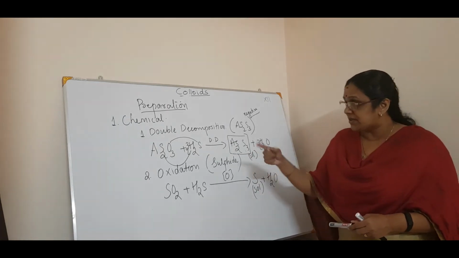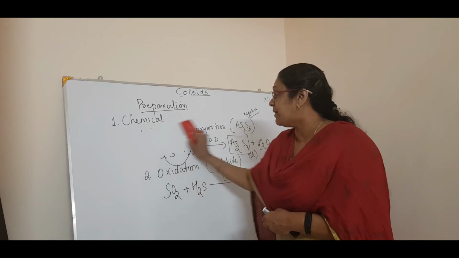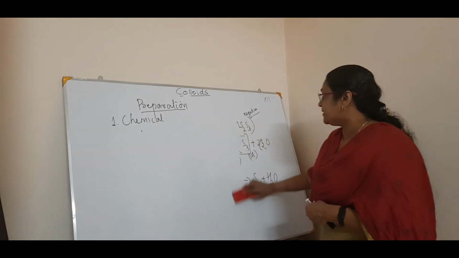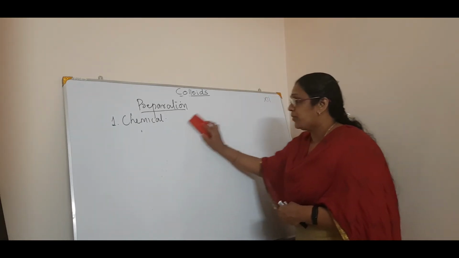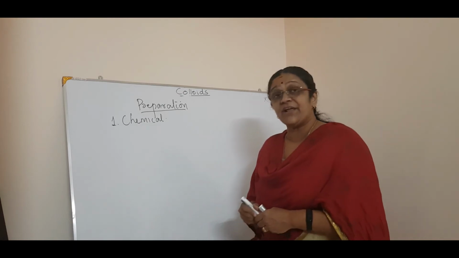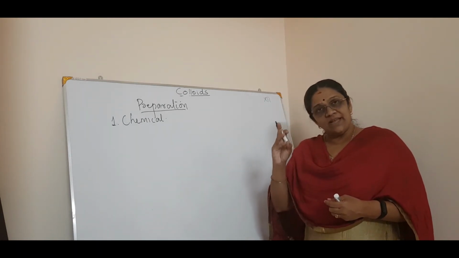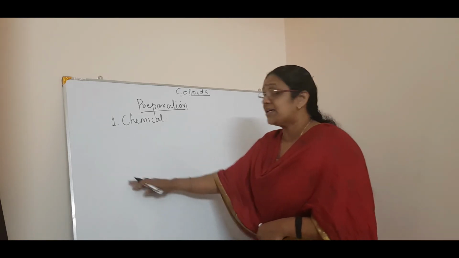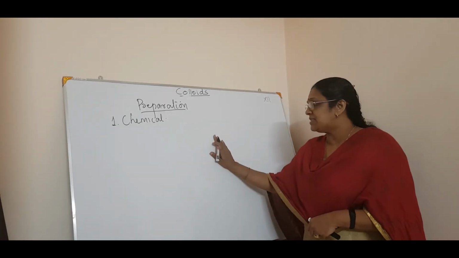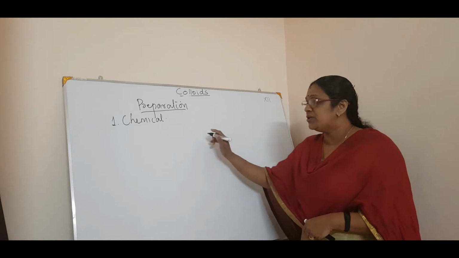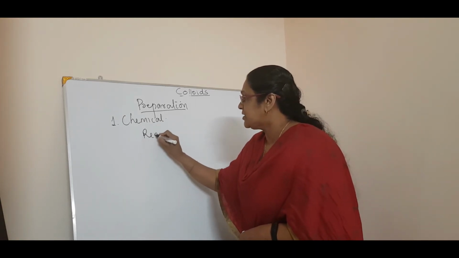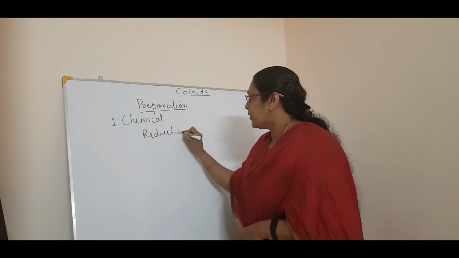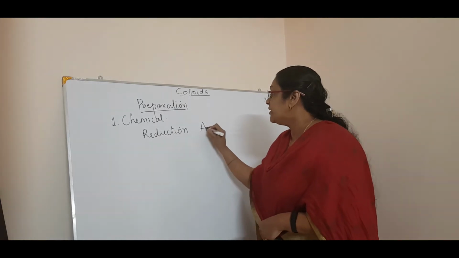Now there are 4 methods in the chemical preparation. The next is reduction. Reduction is used in order to obtain gold sol.